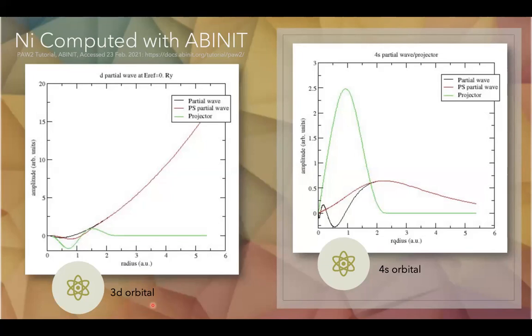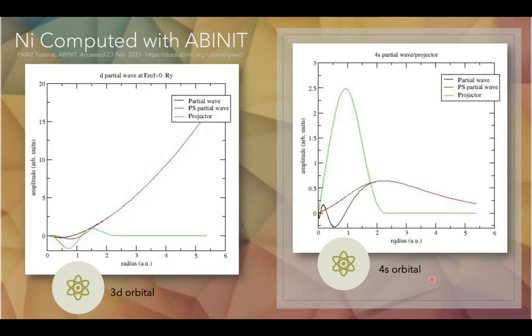And you can see, based on this graph, that the cutoff radius is going to be somewhere around 2.5. And the way that we know that is because the projector function goes to 0 around that point. And around that point, the pseudo partial waves and the partial wave align. They become equivalent outside of that region, whereas one is getting rid of a few of the nodes inside of that region.